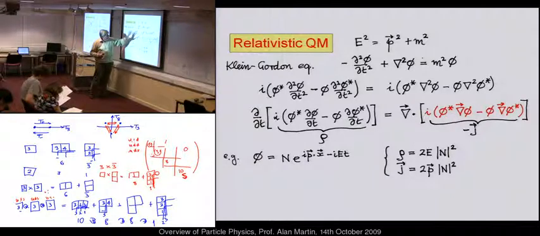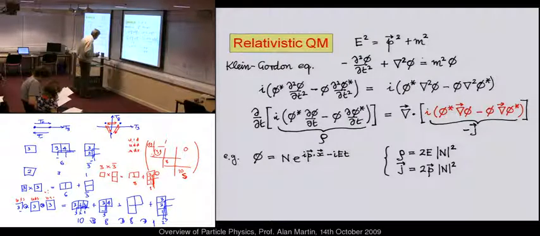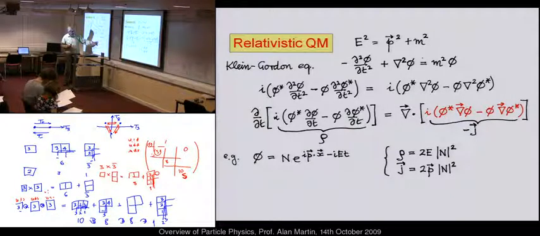So I'm taking this equation here, I'm forming the same kind of thing on this side, and I'm using this equation twice, and this just follows straight from the Klein-Gordon equation. Just taking this minus its complex conjugate, you can see that I get that. On the right-hand side, I've got the same thing as I had before, except for the 2m. So this can be identified just as before with the flow of particles.